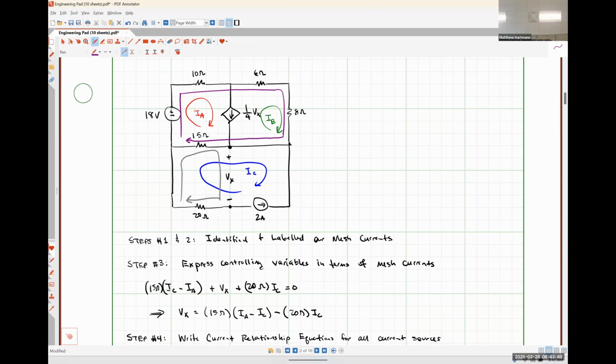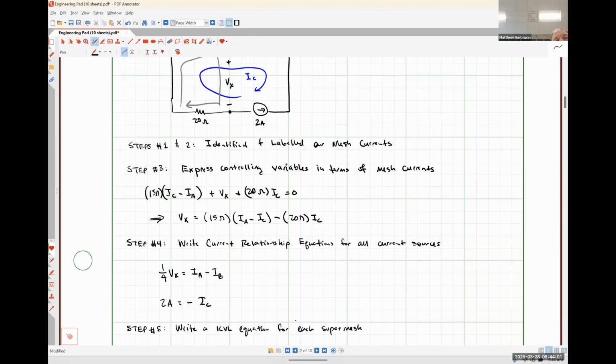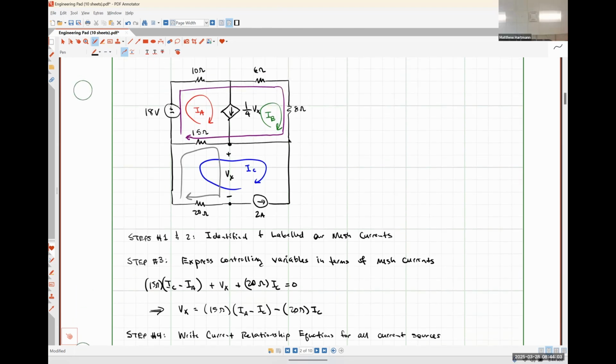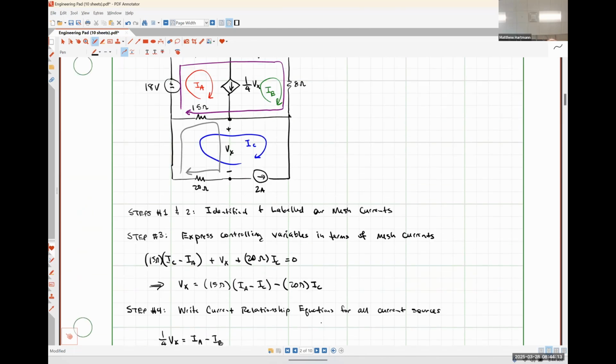Yeah, so start me off with a number. Negative 18, sorry that you can't see it, yeah, but negative 18 volts. What's going to come next? 10 ohms times IA. What comes next?